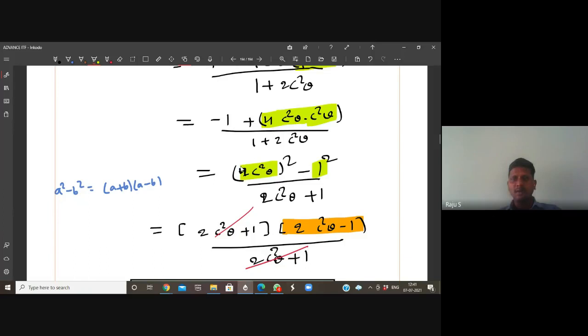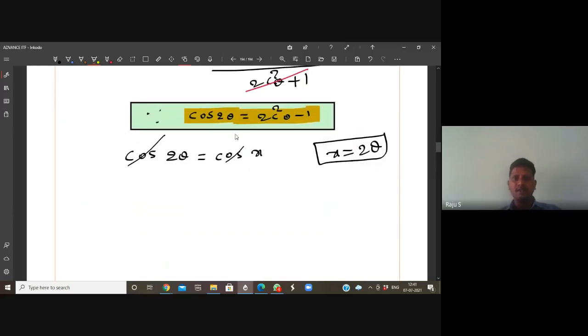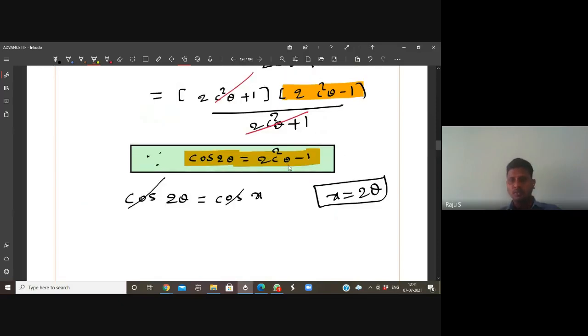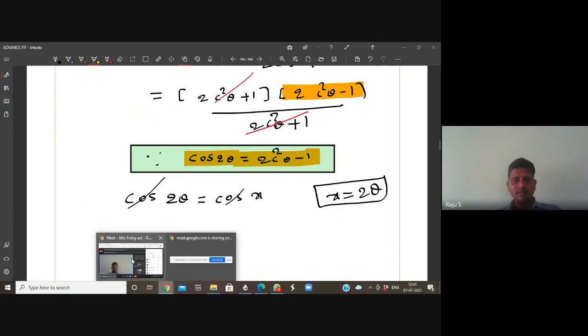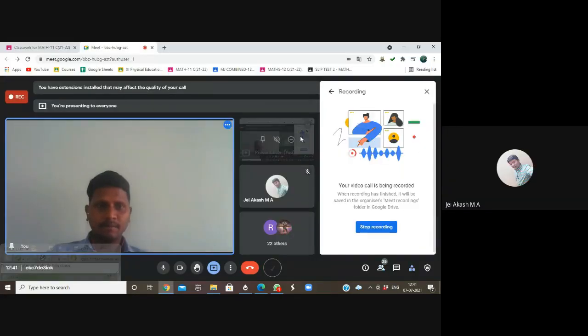It is in the form of a square minus b square, the formula is a plus b into a minus b. Get cancelled. Finally we got cos 2 theta, since cos 2 theta formula is 2 cos square theta minus 1. Final x value is 2 theta. Clear, students? Yes, sir.